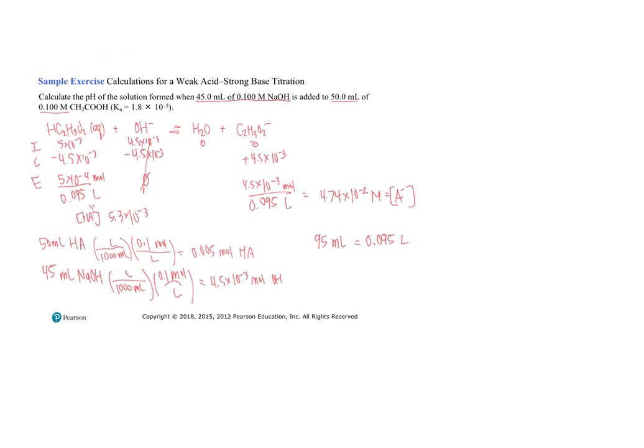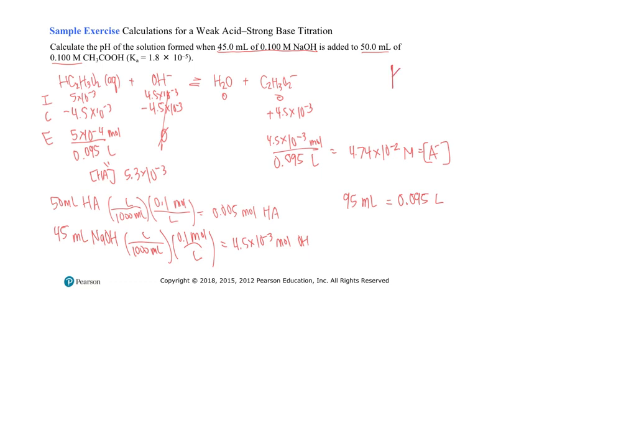So now I could use my K expression here. Ka equals products over reactants, A minus over HA. And I know my conjugate base and my acid amount, so I can find my hydrogen ion concentration. I'm going to multiply both sides by HA, so that goes away, and then I'll divide by A minus, and that goes away.